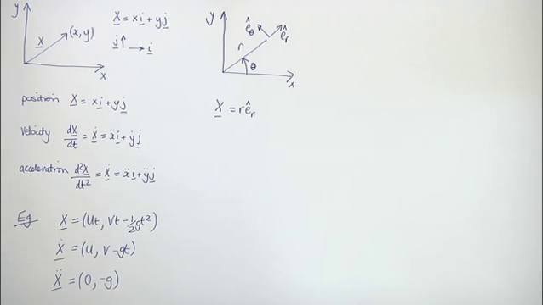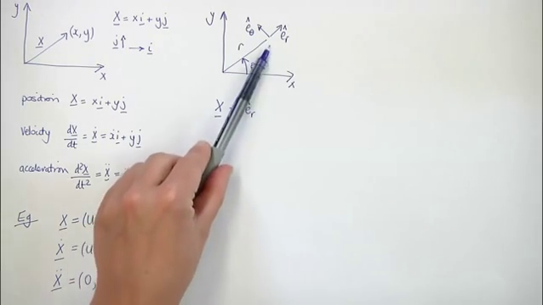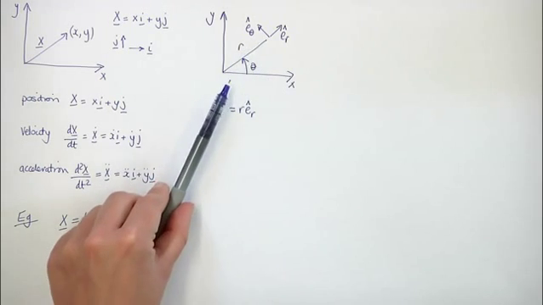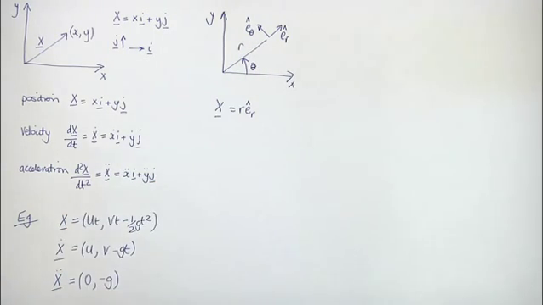We do the same thing, differentiate with respect to time, but this time our base vectors don't behave like i and j. i and j are constant, so when we differentiate them with respect to time, they go to 0. er and e theta, on the other hand, depend on theta, which depends on time. They change direction as the particle moves around the plane.